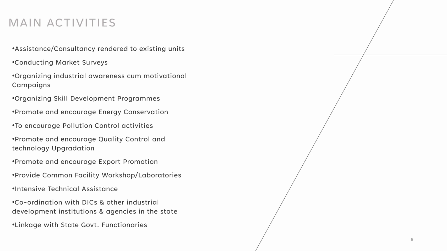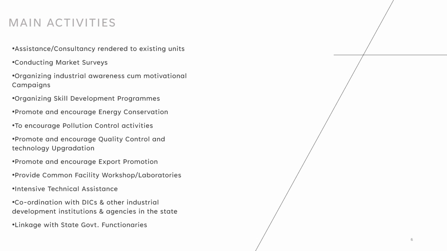Next, to move on, we have some of the main activities that are carried out by MSME DIs: consultancy rendered to existing units, conducting market surveys. There could be chances where entrepreneurs from rural areas will not be much acknowledged or equipped with the steps that they can take while they're in entrepreneurship.